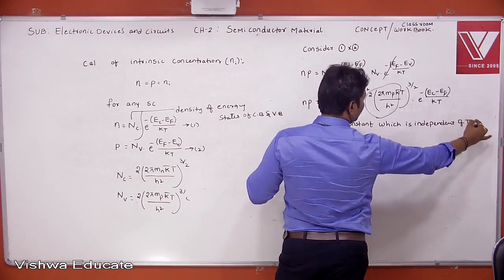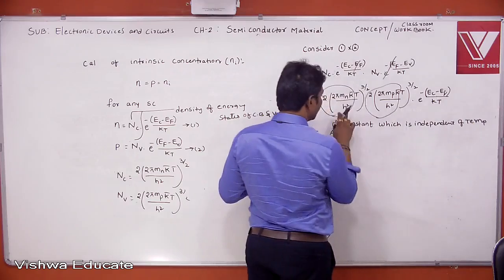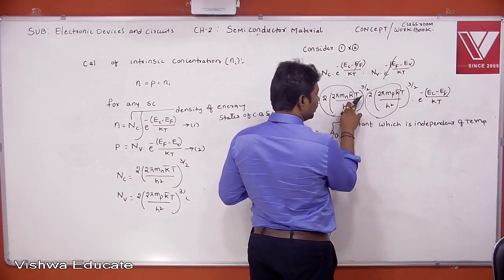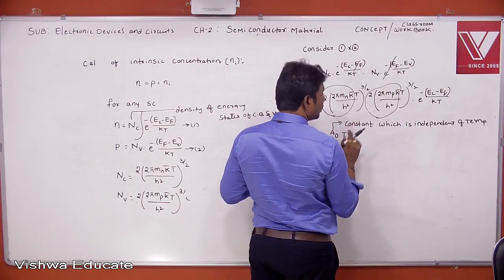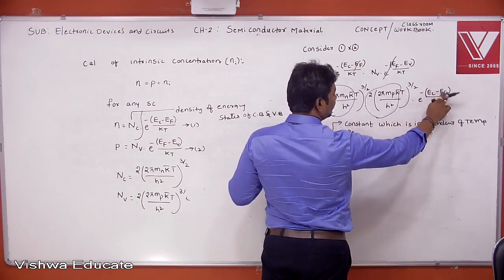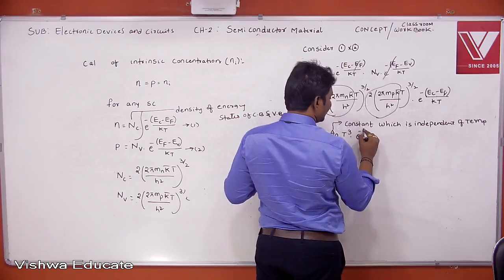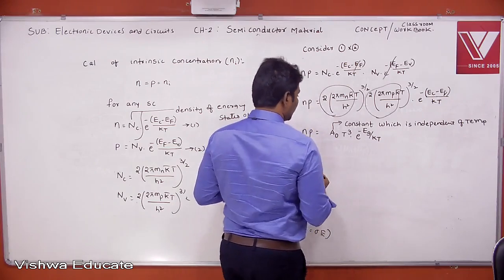What will be the rest of the terms? T power 3 by 2 times T power 3 by 2 is simply T cube. What is the value of Ec minus Ev? It is Eg, the energy gap, divided by kT.